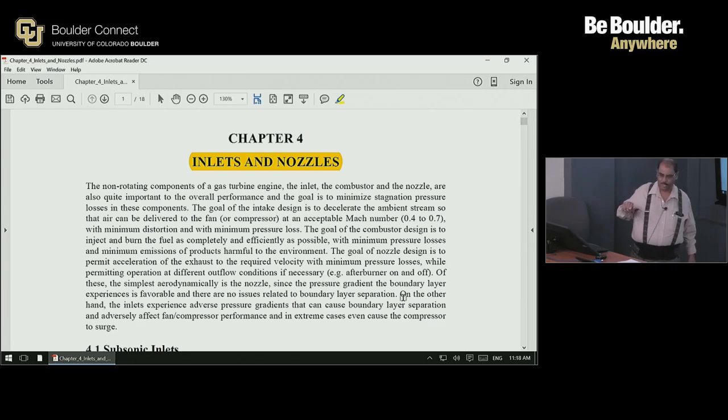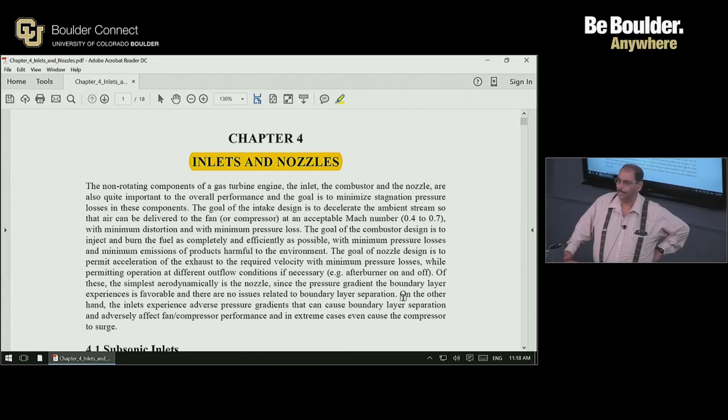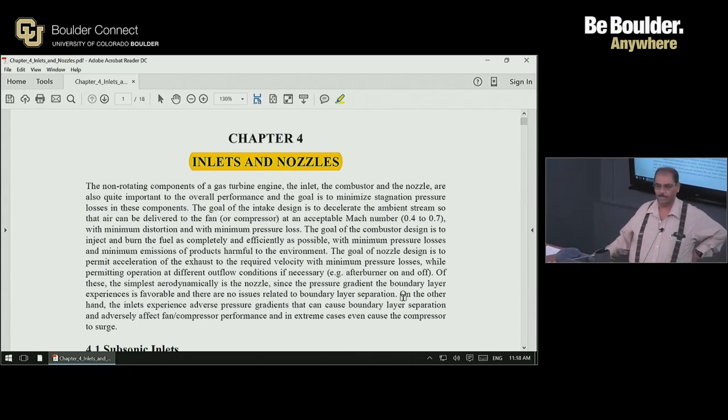All right. So far we have looked at how to assess the overall performance of the engine. Now it is time to look at individual components: what affects their performance, how they are designed, etc. We will come back to the rotating components later, meaning the compressor and the turbine.